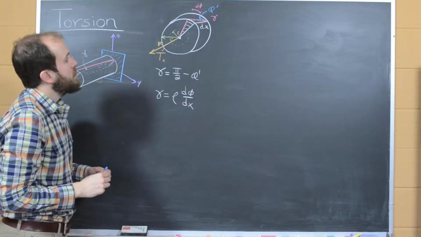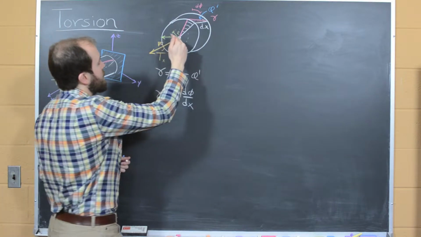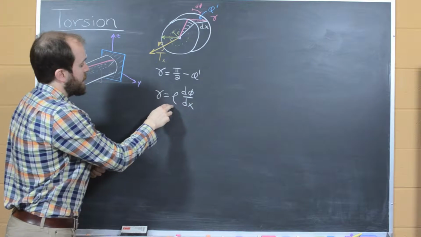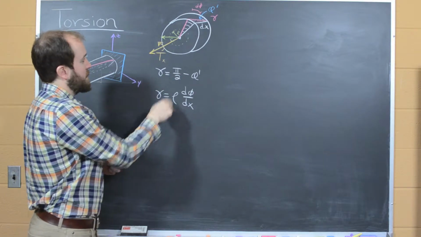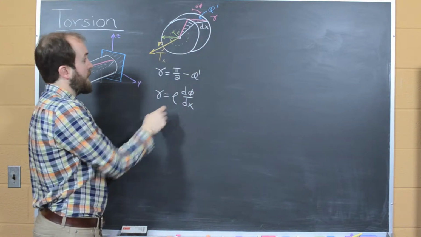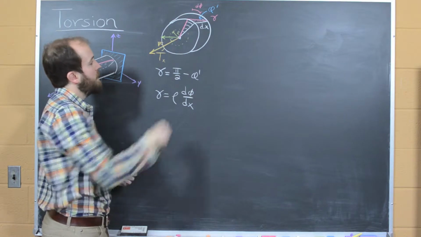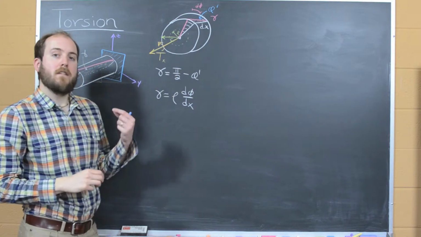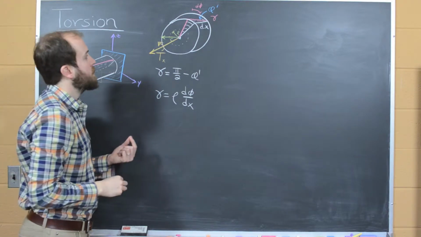Another thing you'll note is that as this increases linearly from the origin to the edge, this shear strain is going to be 0 at the center. So when rho equals 0, our shear strain is 0. And our shear strain is going to be a max when rho is equal to the radius.